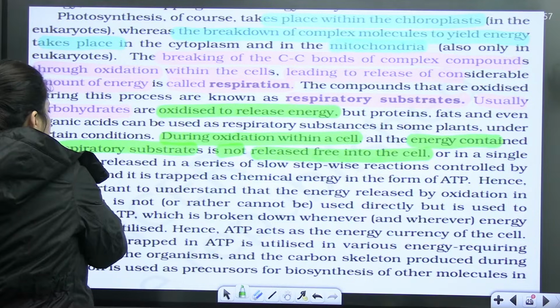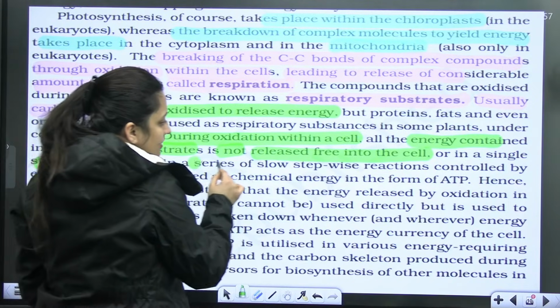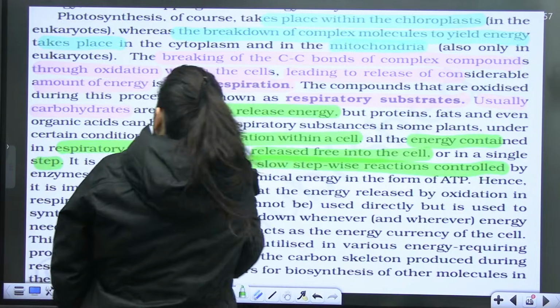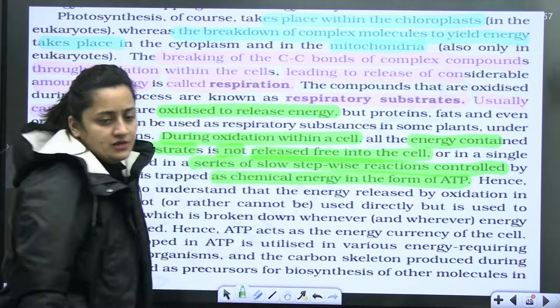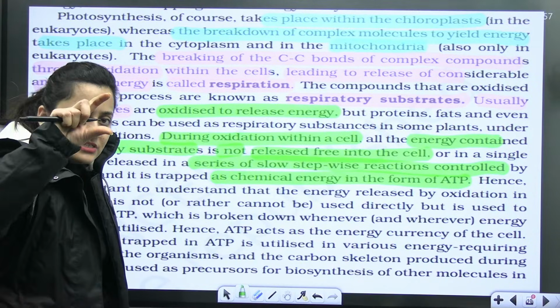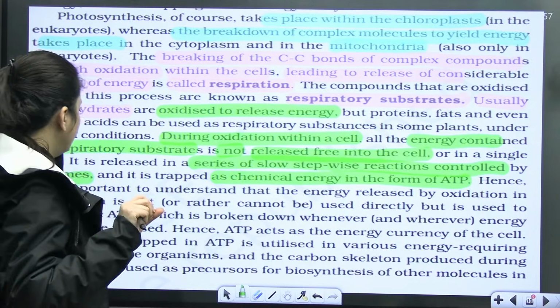It is not released in a single step. It will occur in slow stepwise reactions controlled by enzymes, and then energy will be trapped in the form of ATP. So all these points, we have summarized in one definition. Understood?